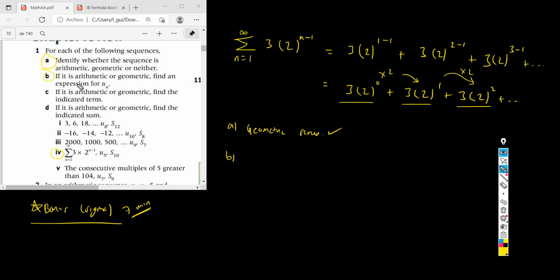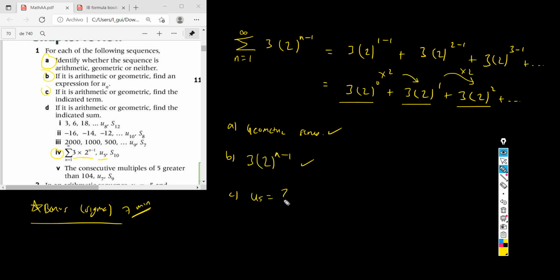Now question B, if it is arithmetic or geometric, find an expression for the nth term. The nth term is actually this one, guys. This is the nth term of this series. It's clearly given in here automatically. C, if it is arithmetic or geometric, find the indicated term. They want me to find the fifth term, and I have the formula for the nth term.